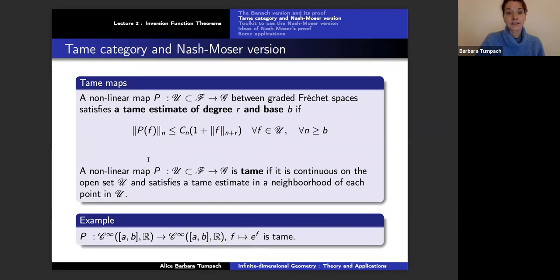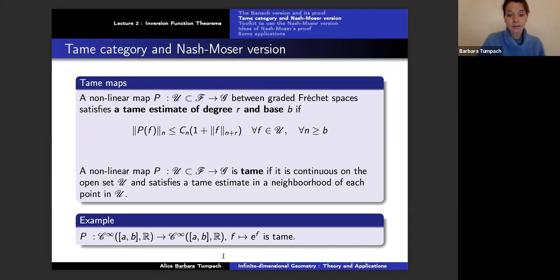What is a Tame map? A Tame map is a map which goes from one graded Fréchet space into another one and satisfies some Tame estimates. And it is supposed to be continuous also.